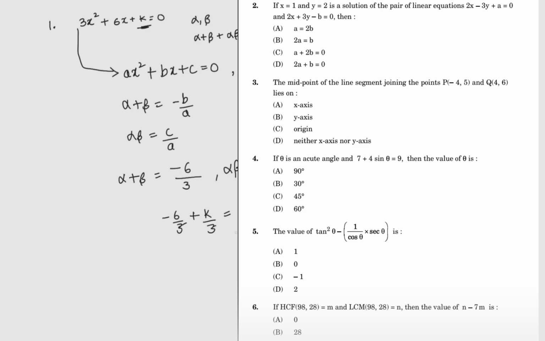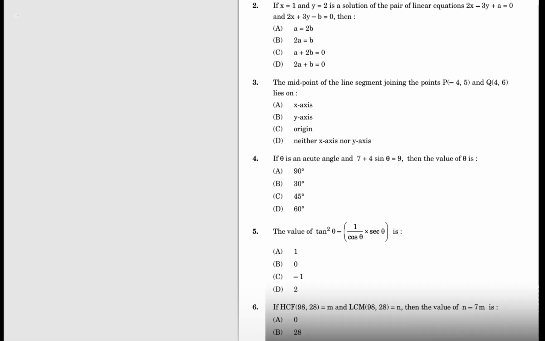Since the denominators are the same, we don't need them. k minus 6 is equal to minus 3. k is equal to 6 minus 3, so k is equal to 3. Therefore the answer is option D, which is 4.